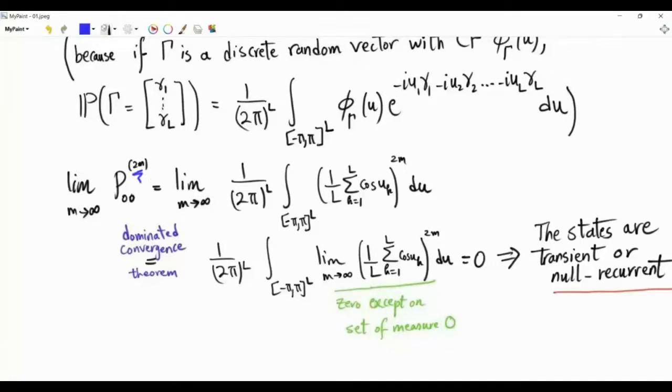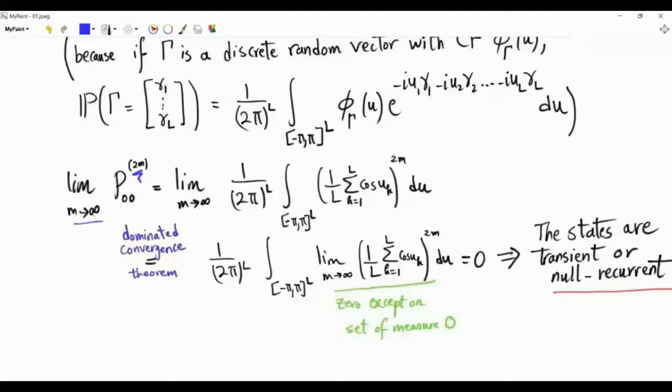So we replace n by 2m in our formula, and now let's try to take the limit. Recall that this limit will decide for us whether we are talking about a positive recurrent state. This is the case if the limit is strictly positive. For periodic states, the limit should be a positive number, specifically the period over the mean recurrence time of the state, which is a finite number for positive recurrent states.